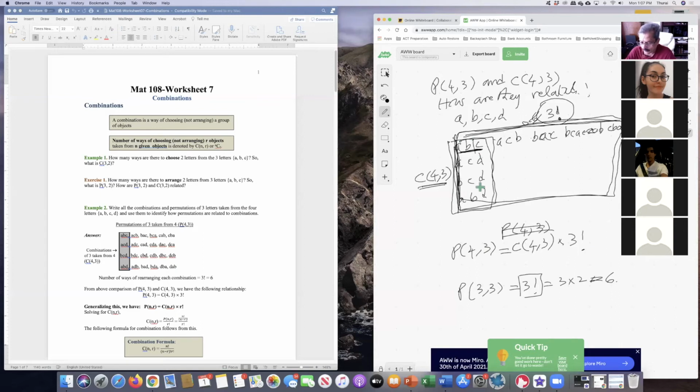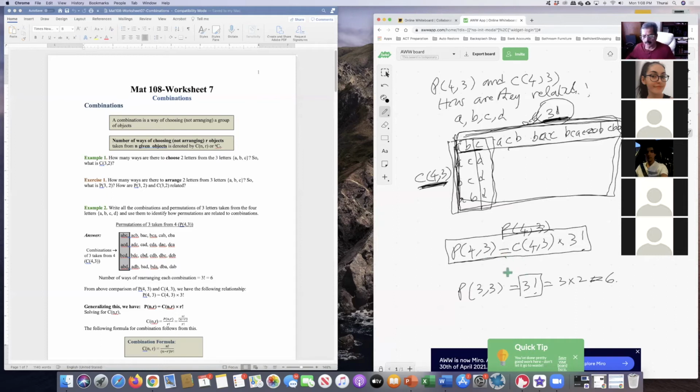There are 4 going down, 6 going across, 4 times 6 items altogether, 24. If you want, you can count on my worksheet right here. There are 24 objects here. That 24 is simply the multiplication of 4 times 6 going across, essentially C(4,3) multiplied by factorial 3. So P(4,3) is the same as C(4,3) times factorial 3. That's the point I just made.